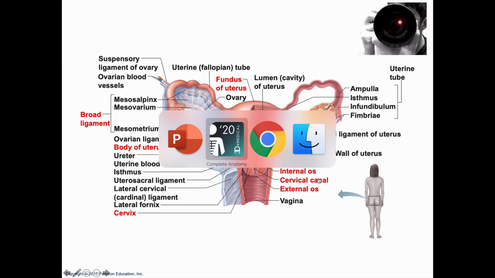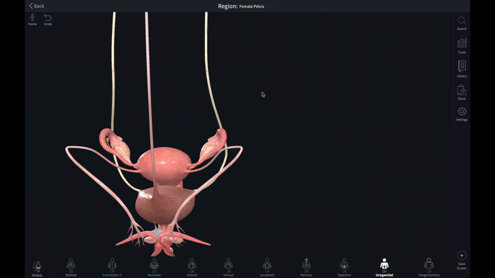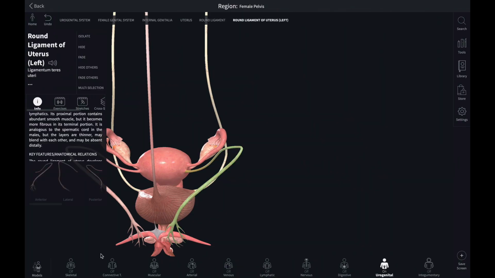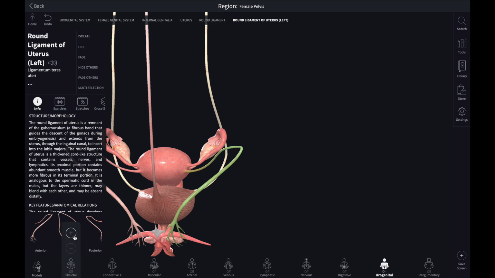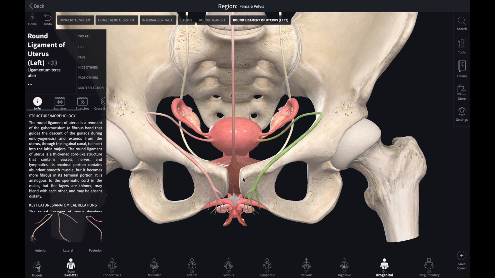If you look at the round ligament in the 3D format, this is the round ligament. You can see this round ligament is a fetal remnant. In the male, this ligament acts as the spermatic cord, whereas here it fuses.